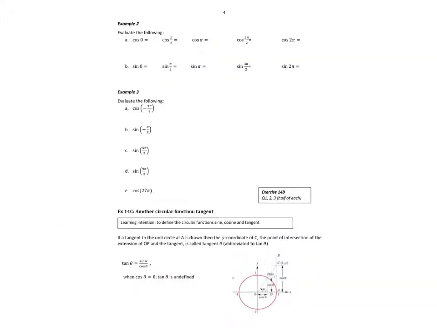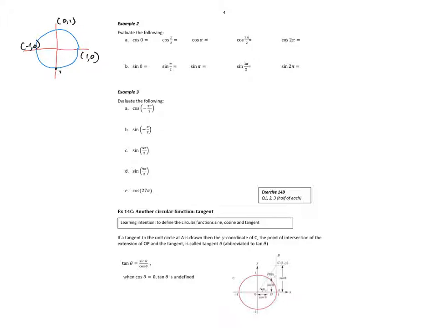What we need to visualize here is how we can use that information to work out certain values of our sine and cosine. So let's put in our unit circle. That coordinate there is (1, 0). This coordinate here is (0, 1). This coordinate here is (-1, 0).